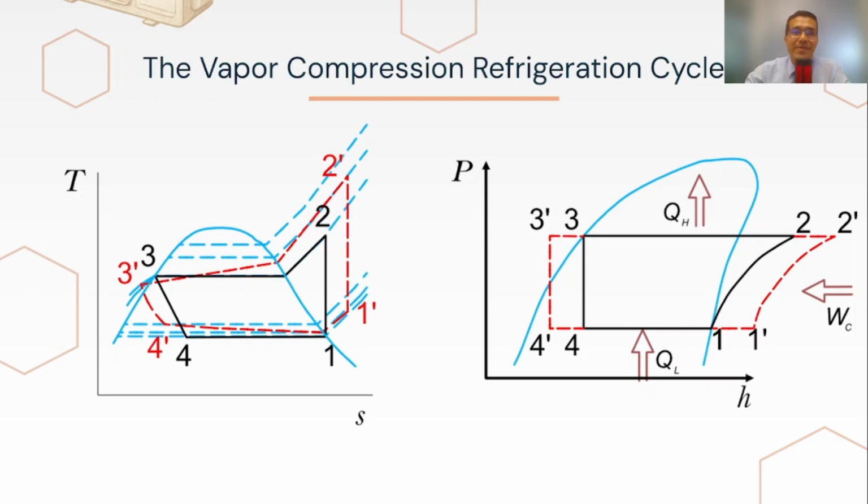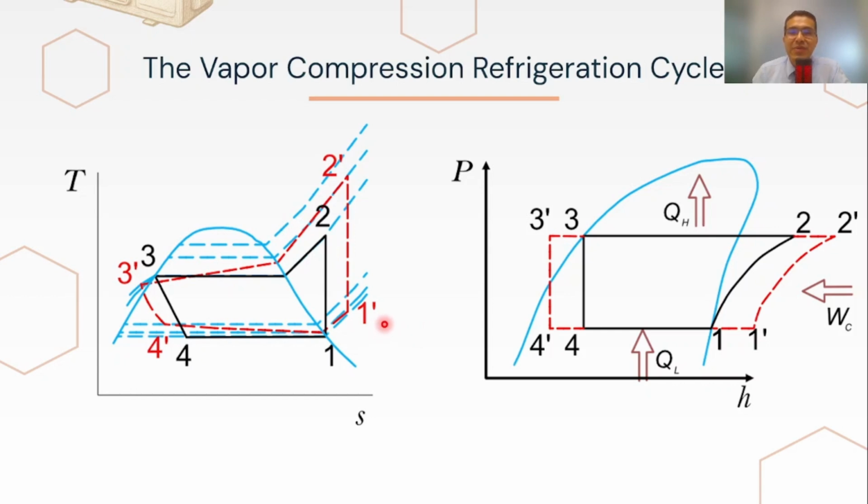Let's now explore the real vapor compression cycle using two important tools, the TS diagram and the pH diagram. On the TS diagram, we can see that compression in a real cycle does not follow a vertical line. The entropy increases during compression due to friction and internal losses.